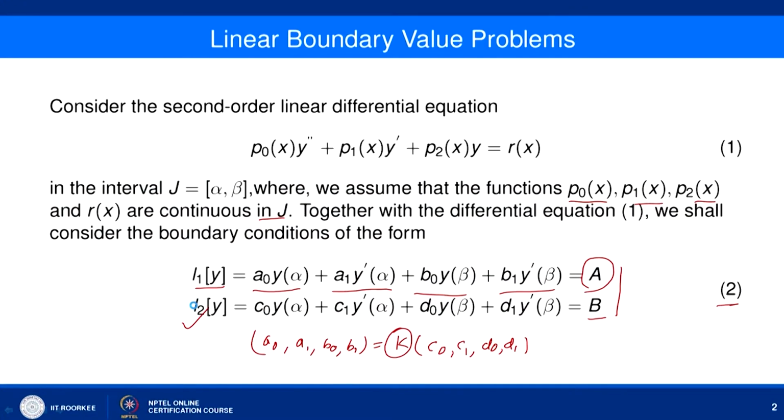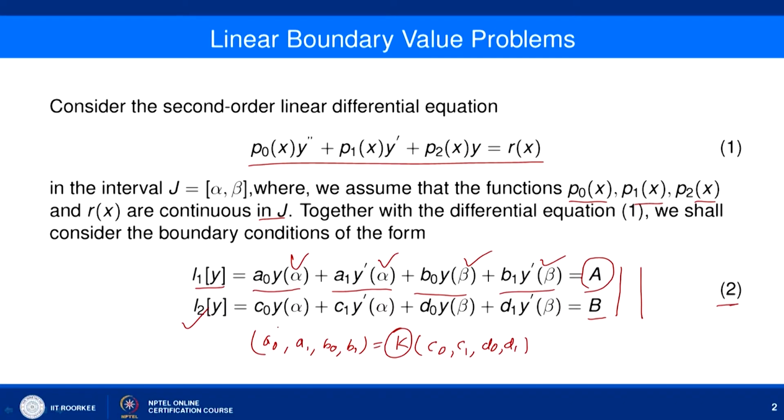So, first you just look here, there is an equation and boundary conditions, because these conditions are defined at two points, alpha one endpoint and beta the other endpoint. So, we simply say that these L1y and L2y are conditions defined at two different points, that is alpha and beta.